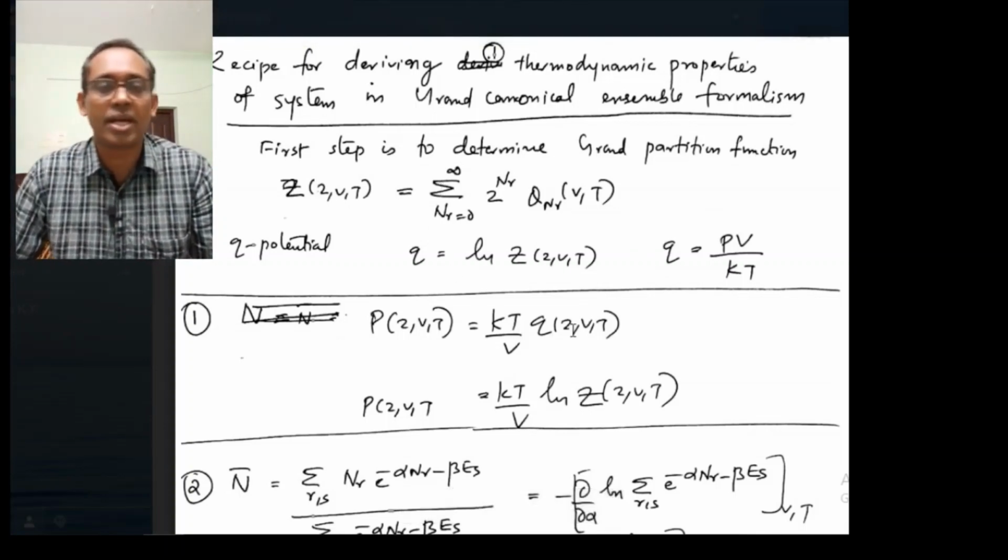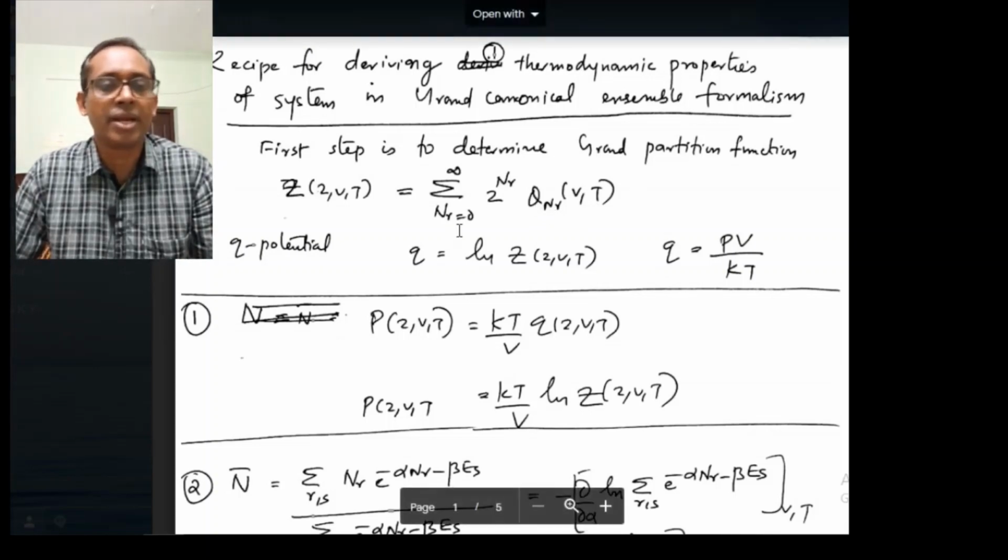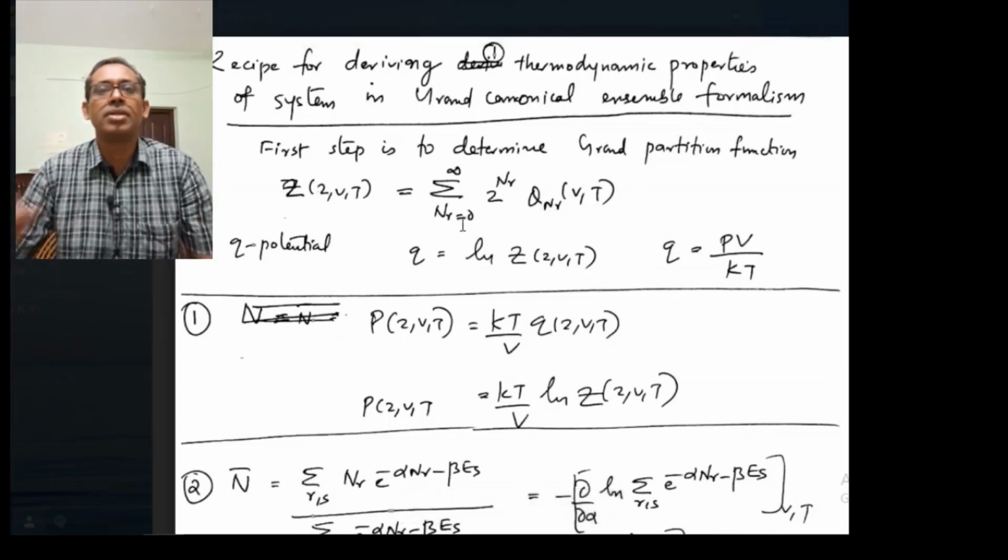we saw in the last class as sigma over nr equal to 0 to infinity z raised to nr. This z is the fugacity, nr is the number of particles in the system, Q nr V T, where nr changes from 0 to infinity.